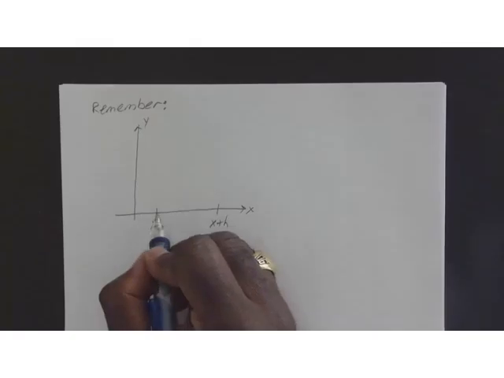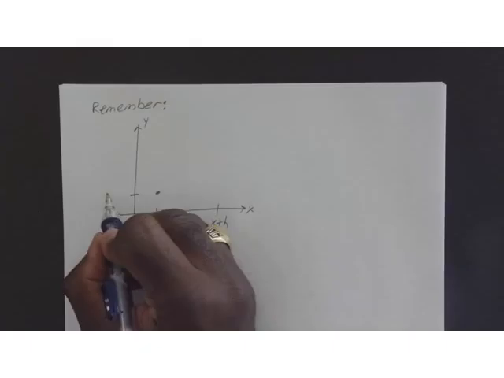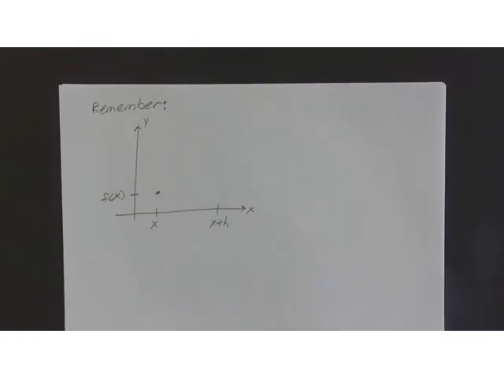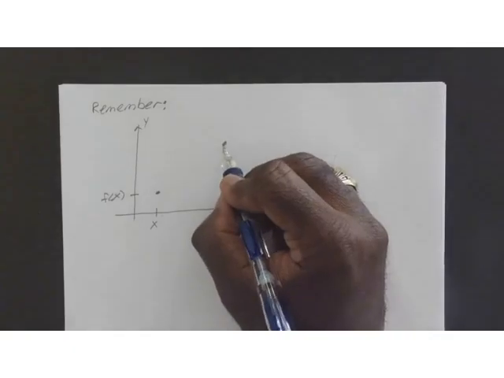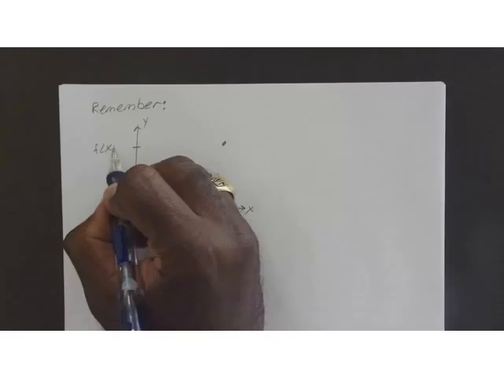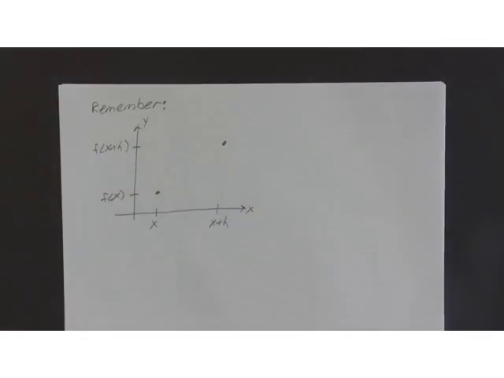When you plug in x, you get some value f of x. So if you plug in 3, you'd get f of 3. And if you plugged in x plus h, you'd get some value f of x plus h. Plug in 9, you get f of 9.